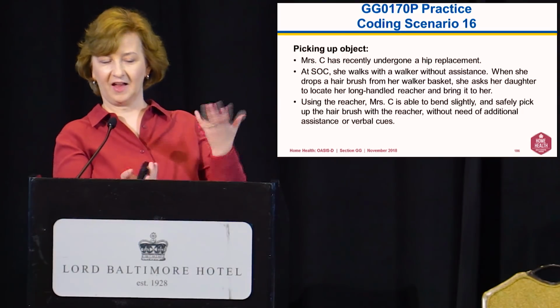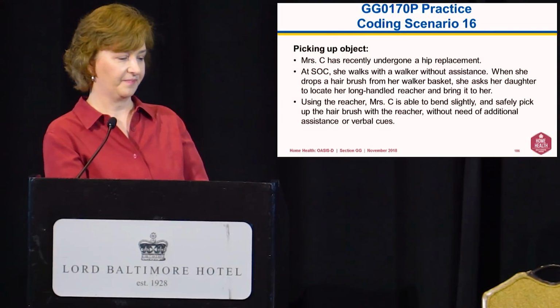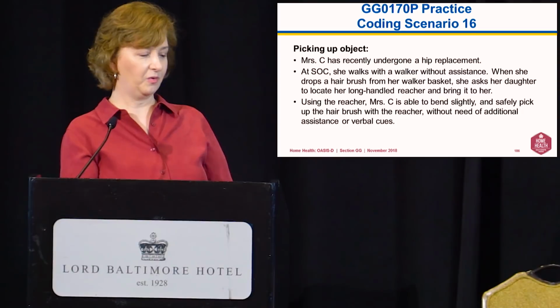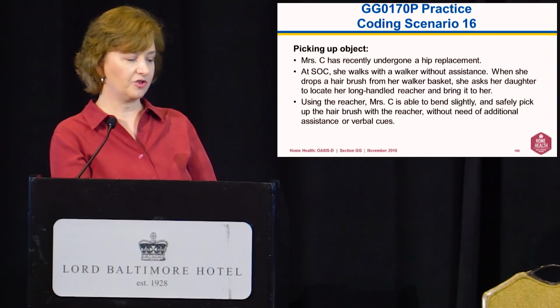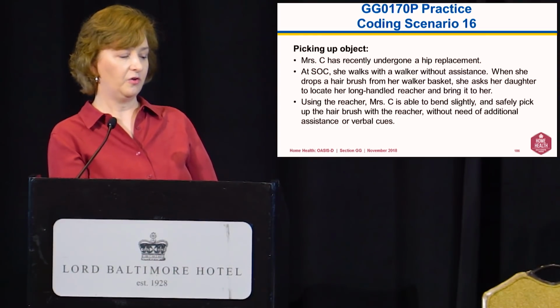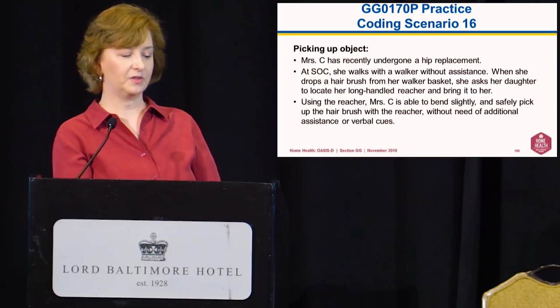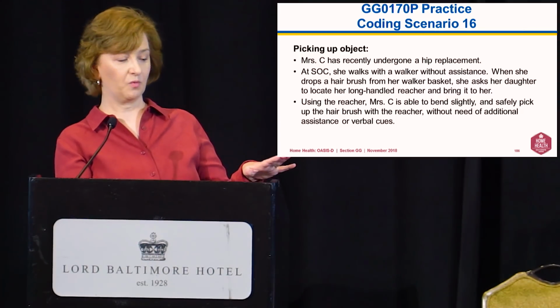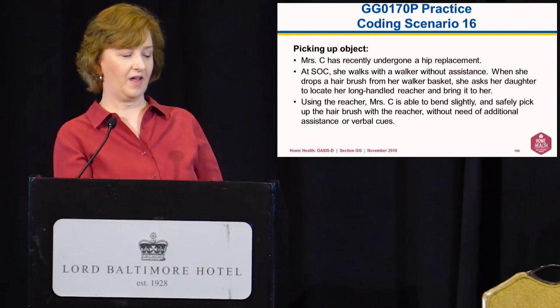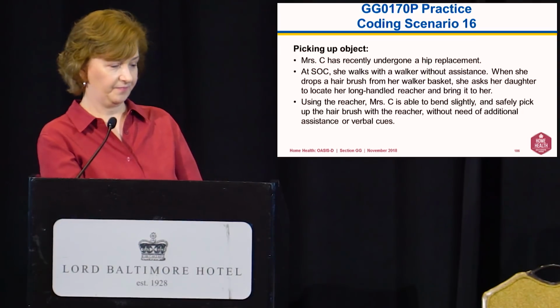So she got that from, let's say, her orthopedic unit. They taught her how to use the reacher before she came home. Using the reacher, Mrs. C is able to bend slightly and safely pick up the hairbrush without needing additional assistance or verbal cues.